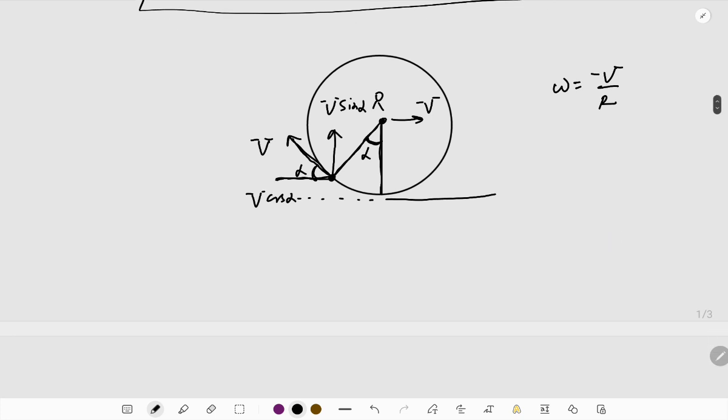And that means the velocity of the ball at this moment can have a horizontal component v cos alpha and a vertical component v sin alpha with respect to the observer moving towards right with velocity v.